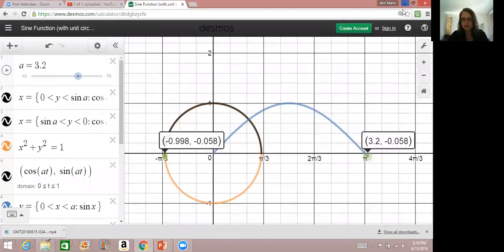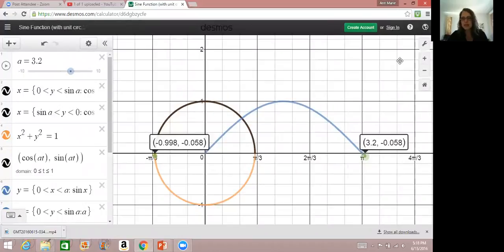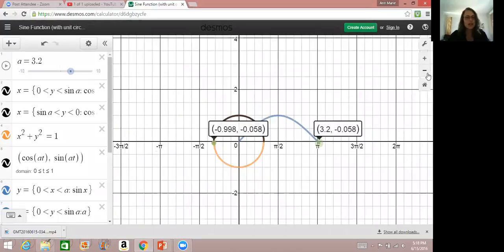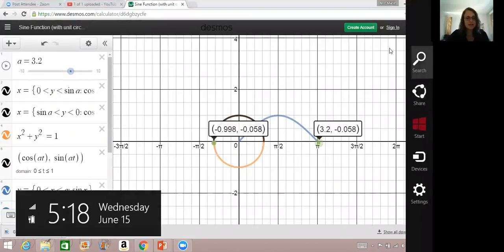All right. Let's keep going. Move my picture here, see if I can get, there we go, I can zoom out. Okay, so let's keep going around our circle.